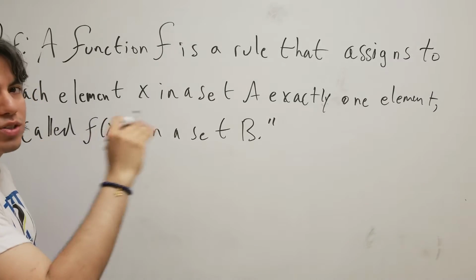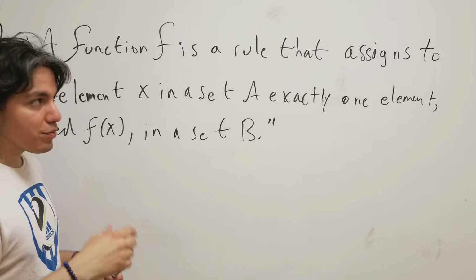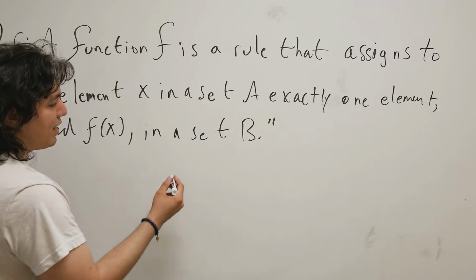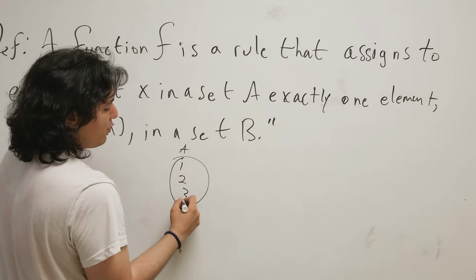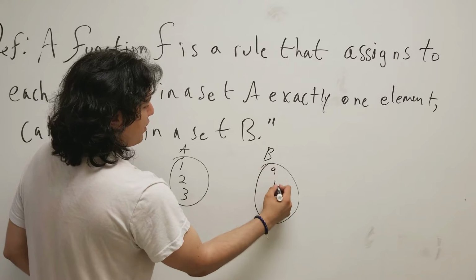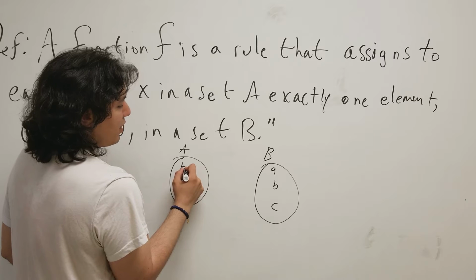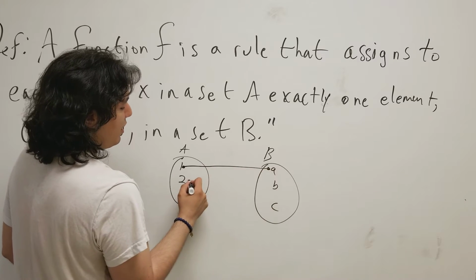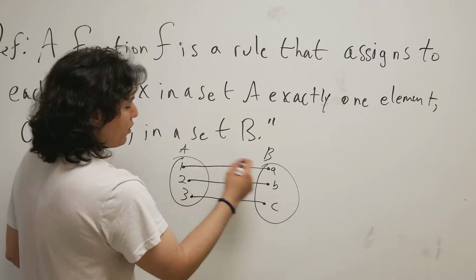and it goes one to one. So let's say we have this set here A, and it has these three elements here, and this set B here that has these three elements. This function is one to one if each point goes to their own respective points without going to another one.